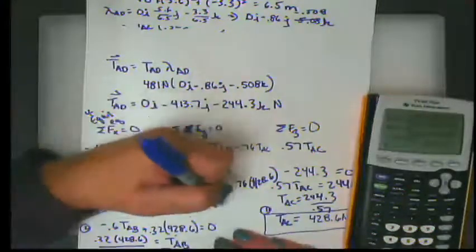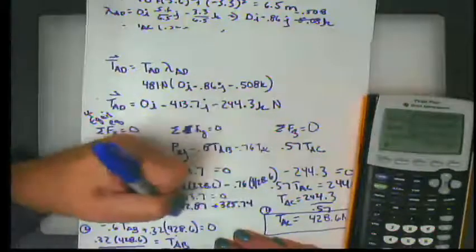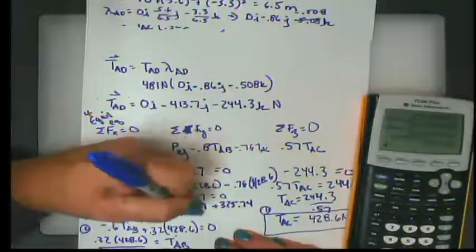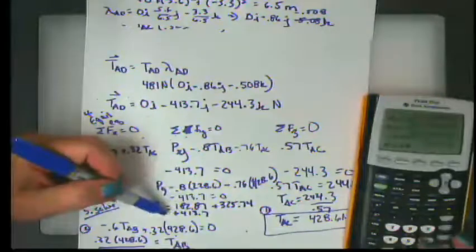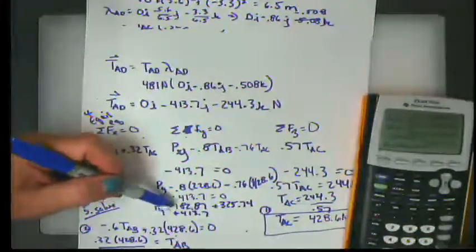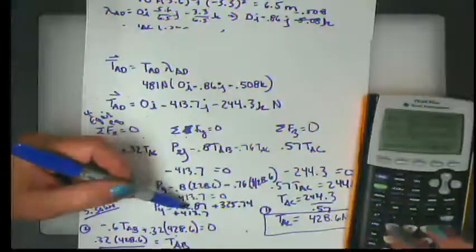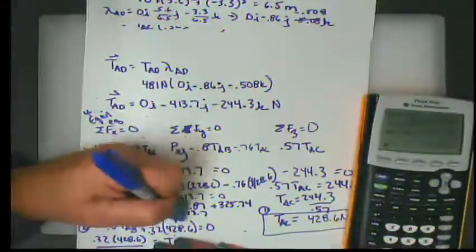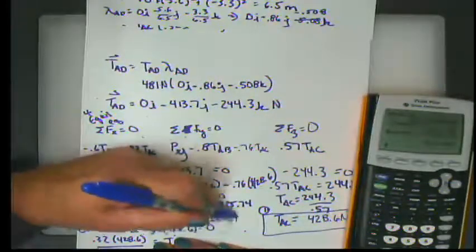And so that value is 325.74. And last, we have the 413.7. So if I add all three of those together, I get a value of P sub y of 922.3 newtons.